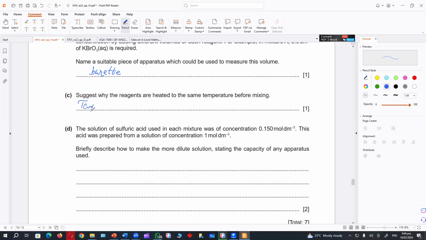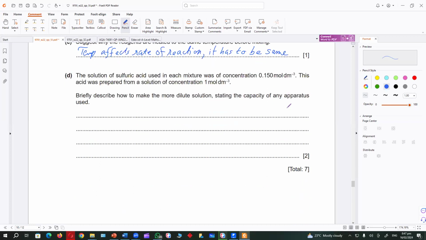Temperature affects rate of reaction. It has to be the same.